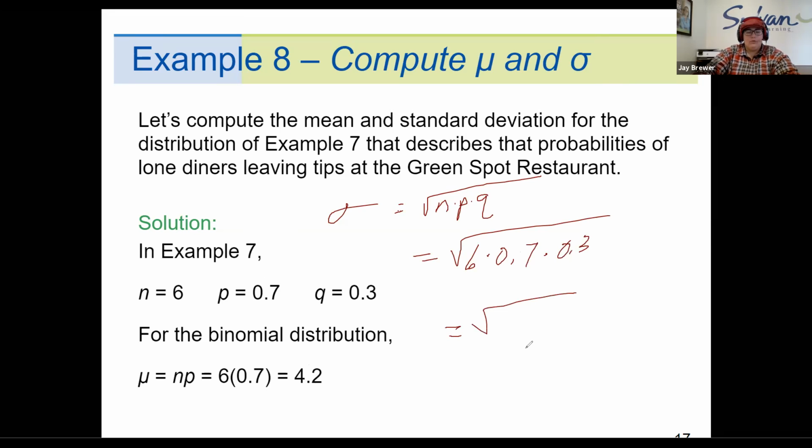So we get the square root of 1.26, and if we take the square root of that, we get roughly 1.12. They may have chosen to just say 1.1.